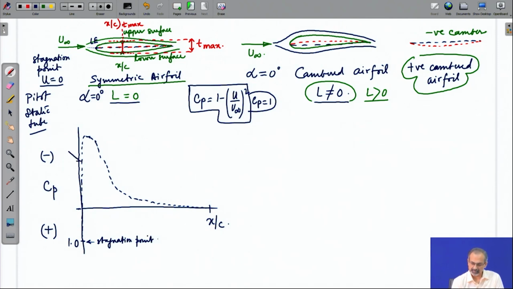Then there is a very rapid acceleration in this region where the flow is accelerating because of the upward sloping surface. Then it gets flatter and then gradually slows down. So, depending on the shape of the airfoil, this part can take different shapes. It depends on how quickly it is accelerating and then how quickly or how slowly it is decelerating.